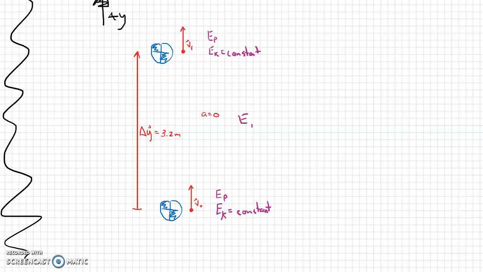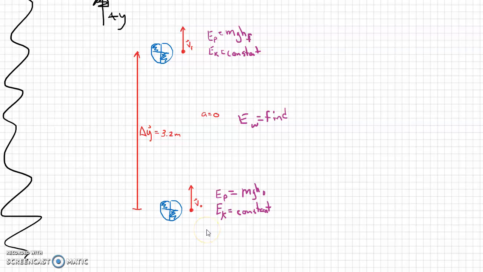The work being done, which is what we're trying to find, must go into changing our potential energy. Our initial height and our final height are different because this work is going into changing that.